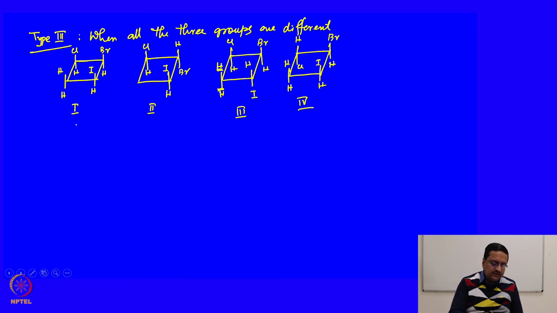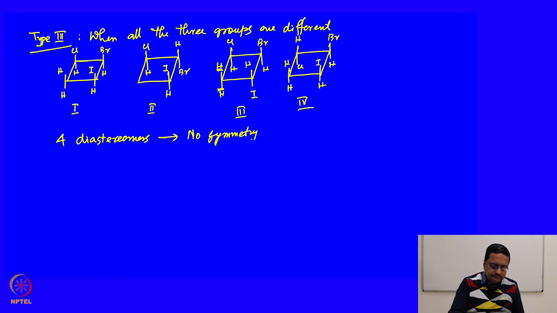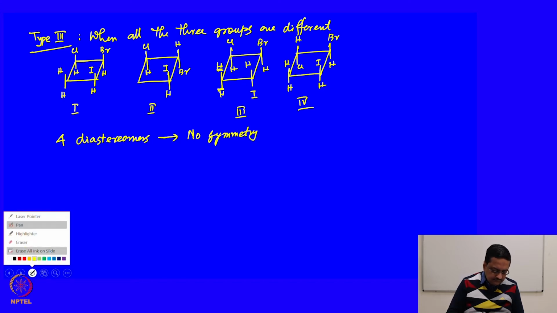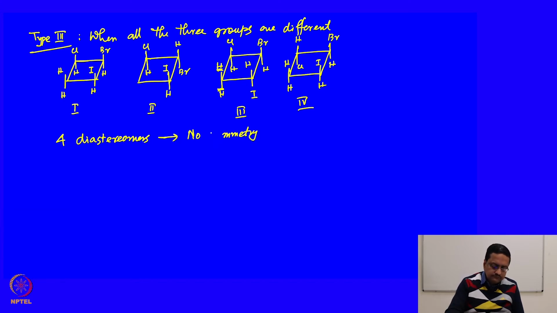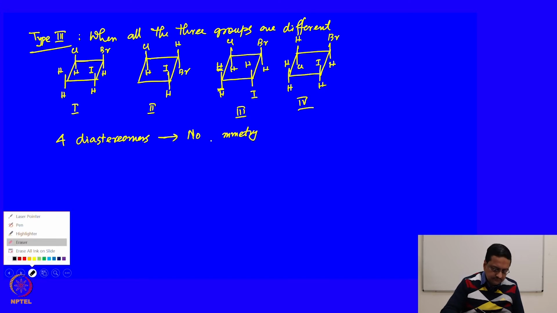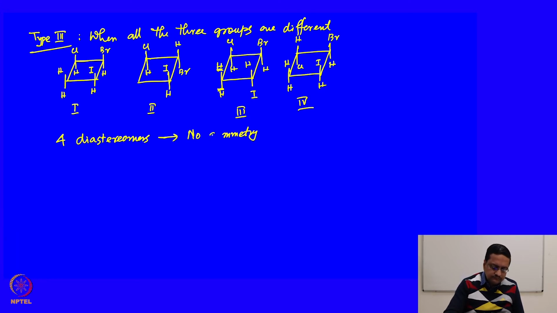What you can see in all these 4 diastereomers is that they have no symmetry and hence they belong to point group C1.